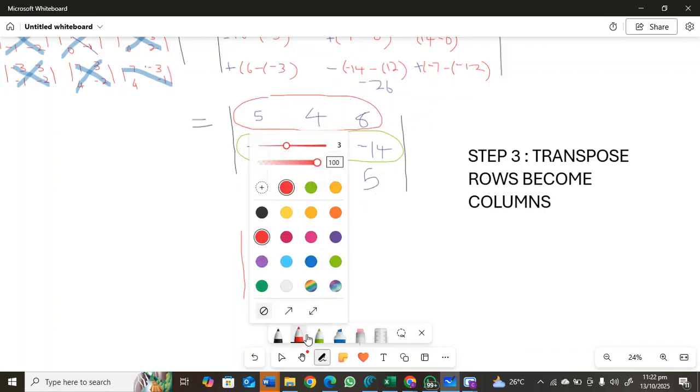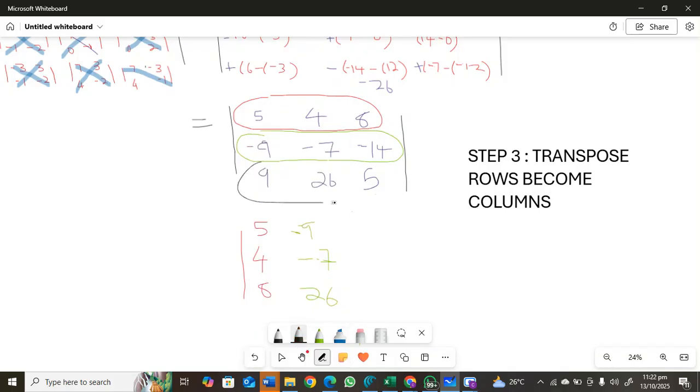Then we go to the last row here, it becomes a column 9, 26, 5. Oh, here it has to be -14. Why did I put 26? 9, -7, -14. And the next one 9, 26, 5. So this is our adjoint matrix.